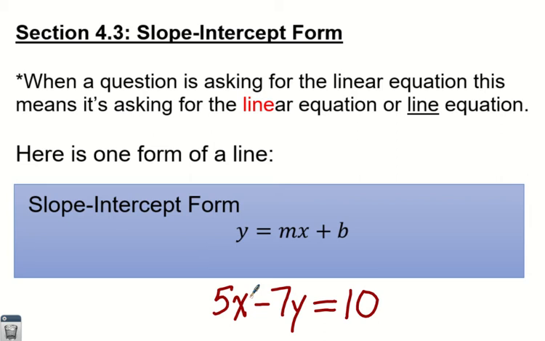So this is a linear equation, but it's not in slope-intercept form. It's in a different kind of form. So again, this is just one way to have your linear equations arranged with the y by itself and everything else on the right side of the equal sign.